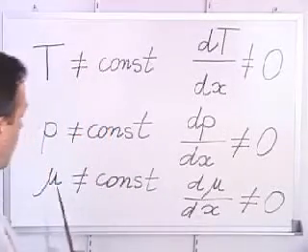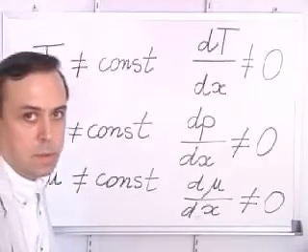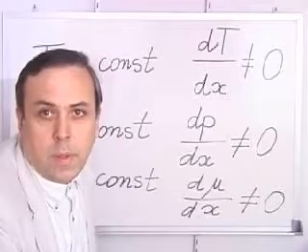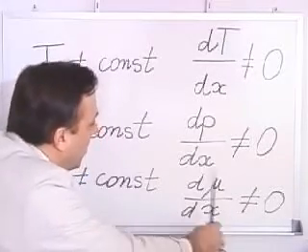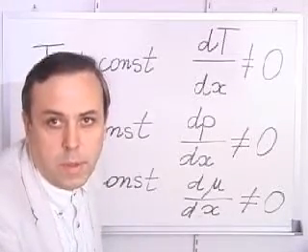Now, if the chemical potential has different values at different points of the solution, in other words, if the chemical potential is not equal throughout, then there will be a gradient of the chemical potential, which will give rise to the so-called molecular diffusion.